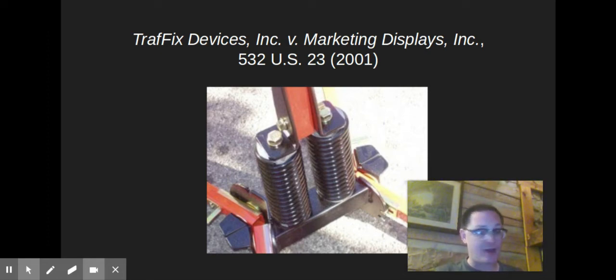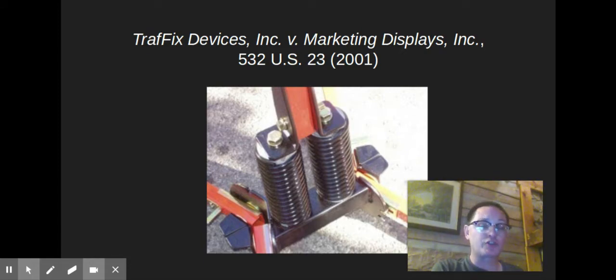And they have a patent on this design for 20 years. MDI makes a mint selling road signs with this two-spring design that makes their road signs preferable to other road signs and encourages various municipalities and construction companies, etc., to purchase MDI signs because they blow over less frequently than the competition.